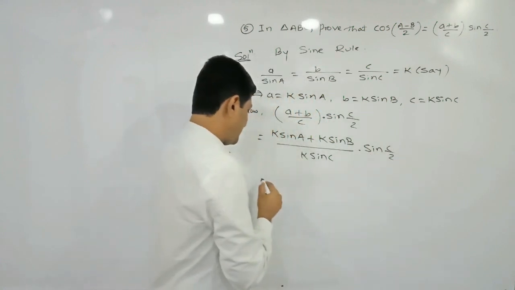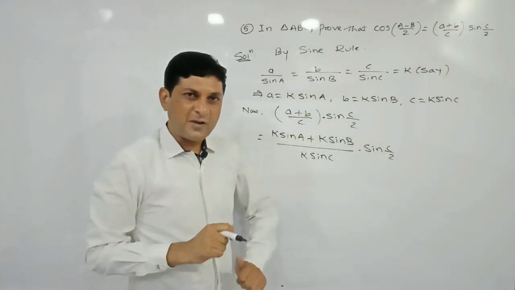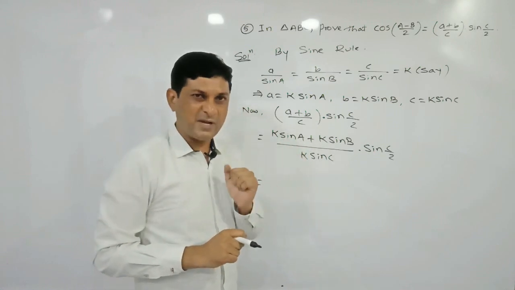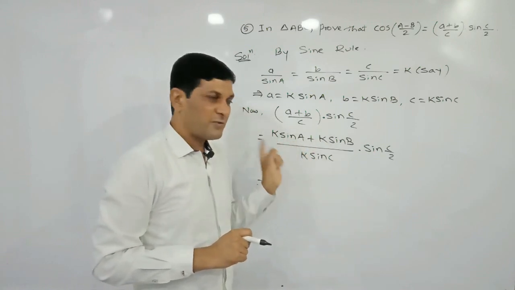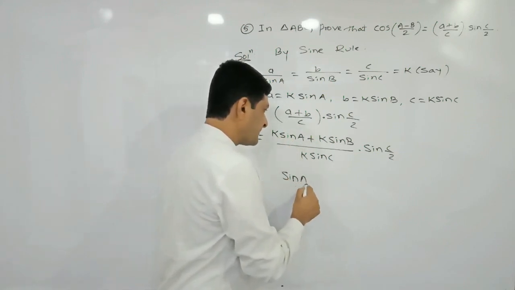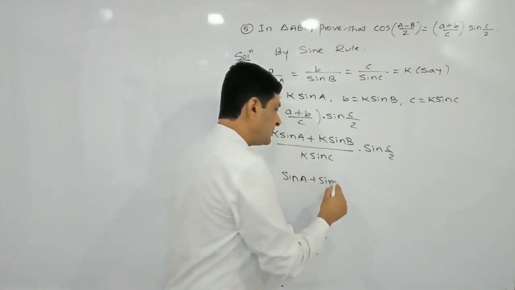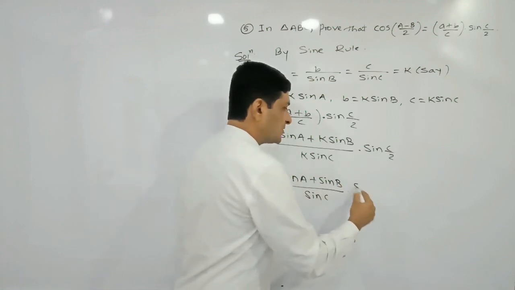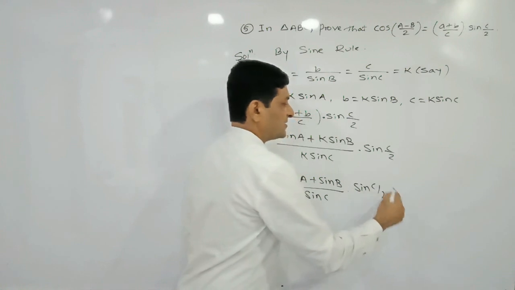Here we can easily observe that all the terms in numerator and denominator are divisible by k. After cancelling k, the remaining term will be (sine A plus sine B) divided by sine C into sine C by 2, keep it as it is.